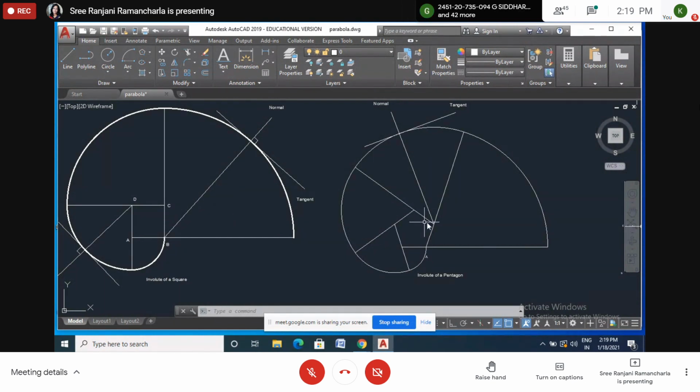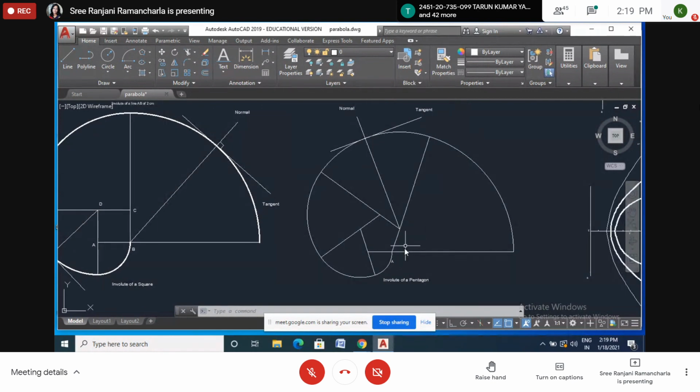Okay. Now similarly here also, the pentagon. Draw a pentagon of side 3 centimeters. You know how to draw a regular pentagon; I already explained it in the last class. Extend this line by one side, that is 300.